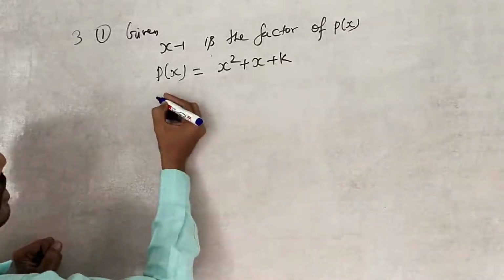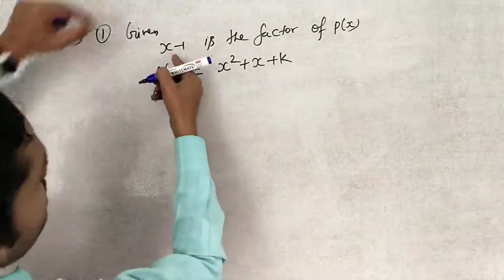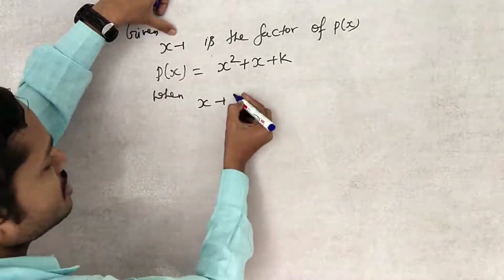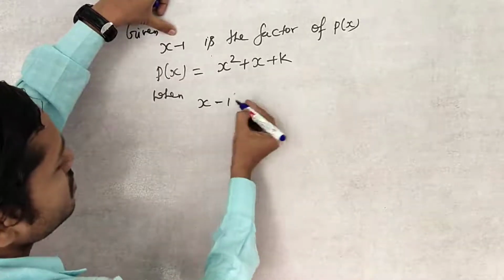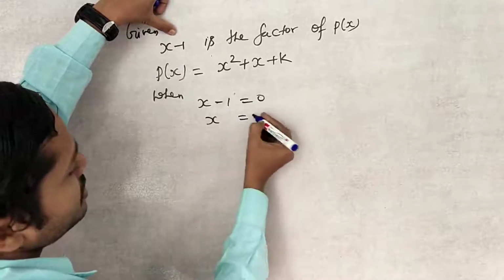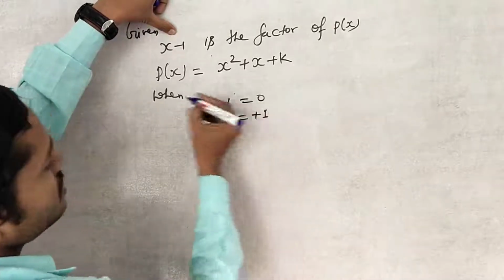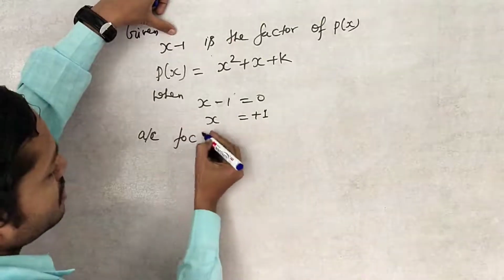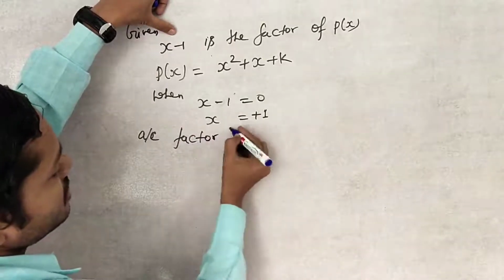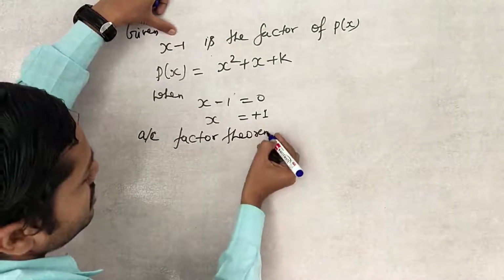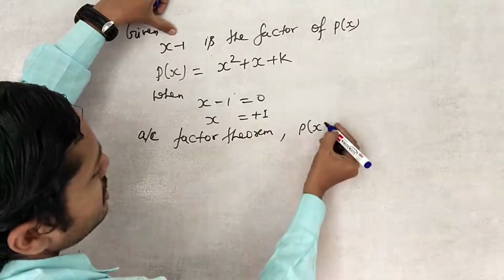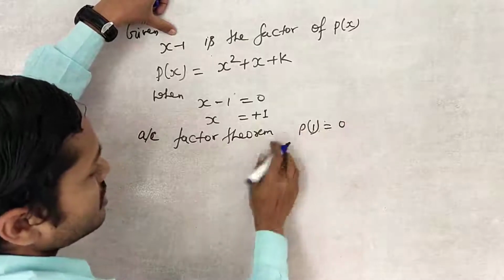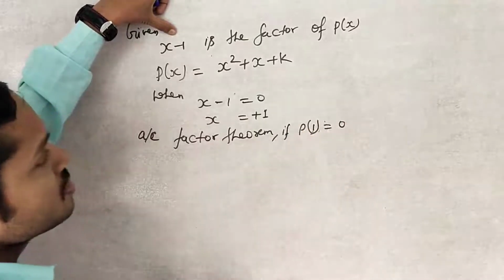Otherwise directly you can solve when x minus 1 is equal to 0, x is equal to plus 1. You can write according to the factor theorem, p(1) equal to 0.